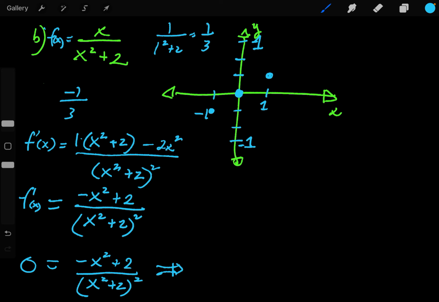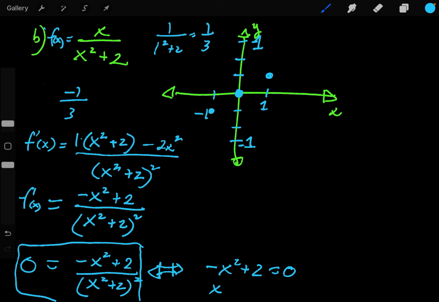So this equation is true if and only if negative x squared plus 2 equals 0. And then this means that x squared is going to equal 2, right? And that means that x is plus or minus the square root of 2 is when this function is 0.